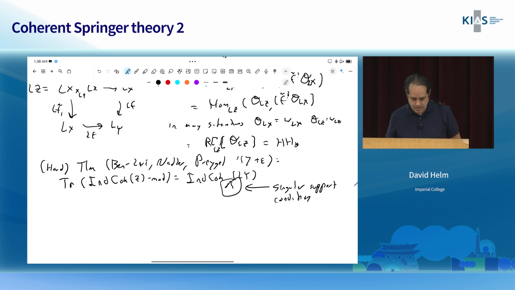And moreover, what they show is that this bracket applied to INDCO Z as an INDCO Z module, well, that should be an object of INDCO Ly. And what object is it? Well, it turns out it's exactly LF star OX.